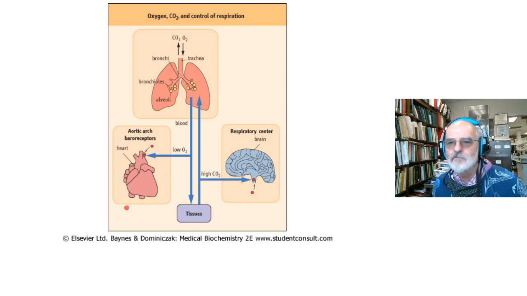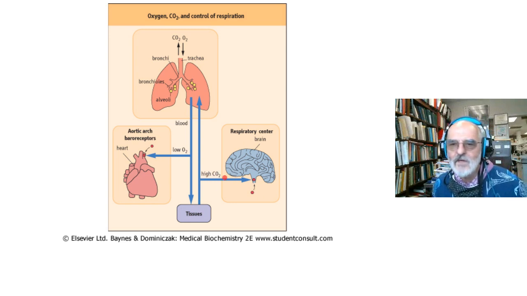And we have systems that sense normal levels of oxygen and CO2. If you have low oxygen levels, there's a baroreceptor in the aortic arch that senses this and causes your heart to beat faster. Want to pump more blood, get more oxygen to the tissues.